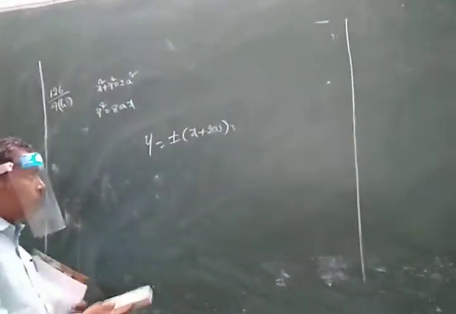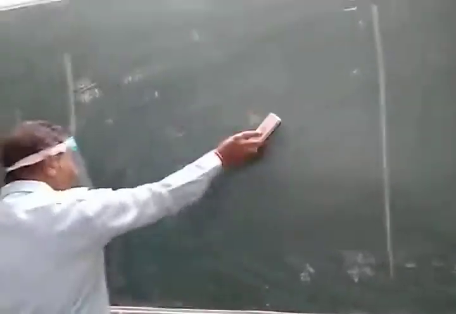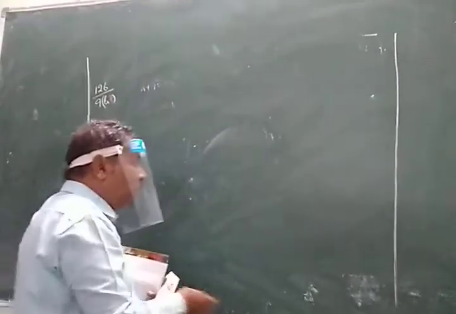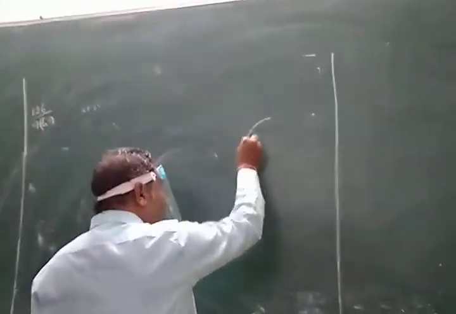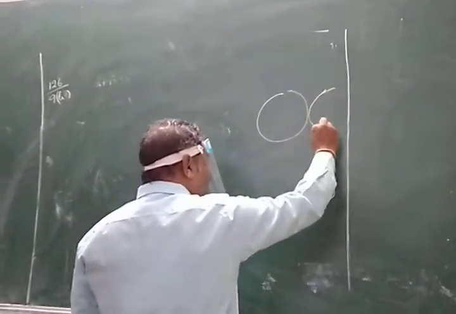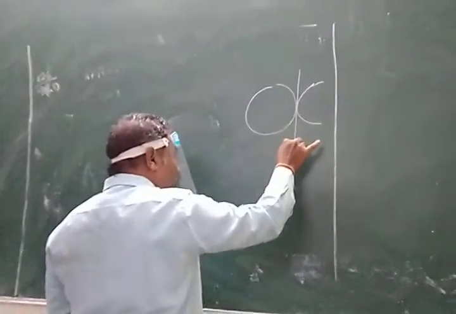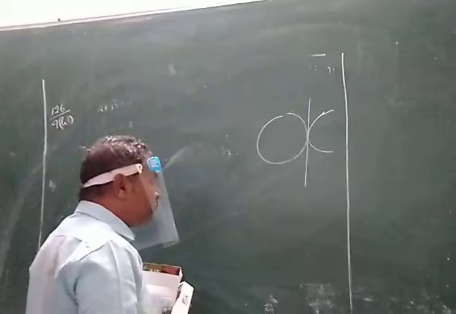Listen carefully. This is the most important problem. So given a circle and a parabola, find the equation of the common tangent.